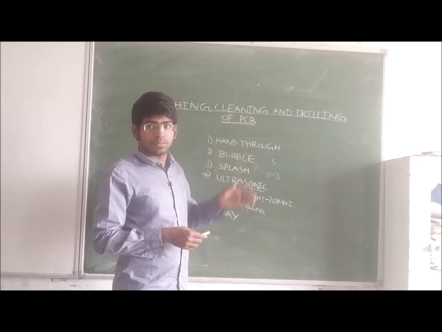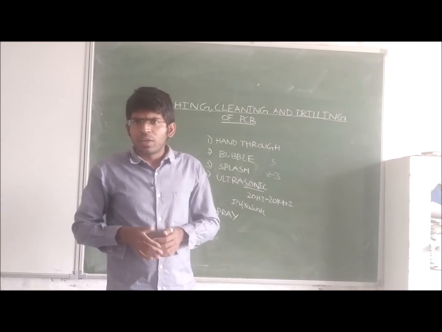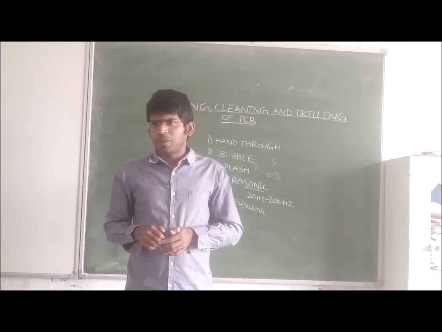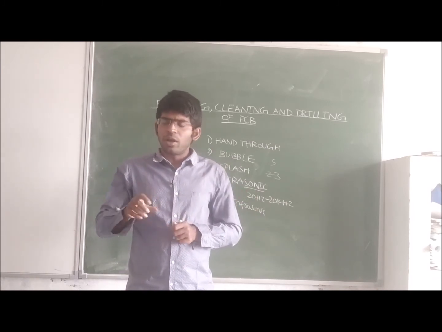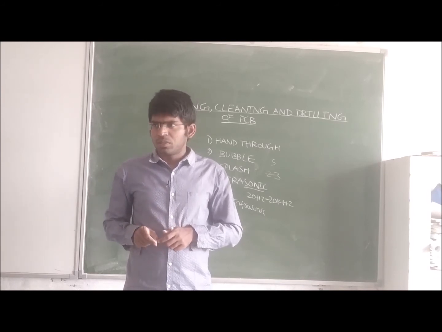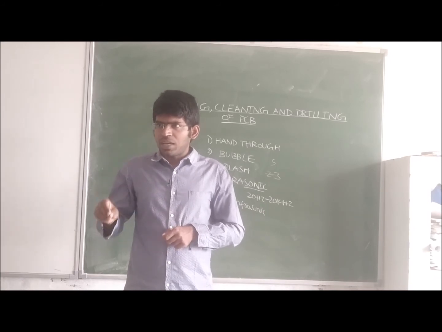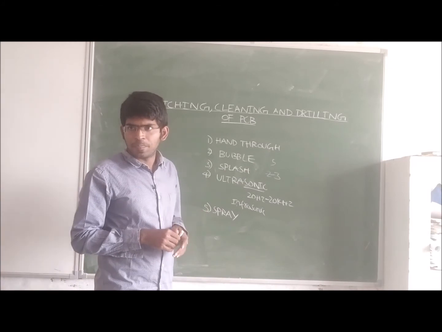Next one, cleaning. Now, after removing the unwanted copper, we cannot directly take that PCB into our hands because this is contaminated with the ferric chloride. Now, we have to wash that. Simple water wash is not sufficient. We take a 5% oxalic acid solution to clean this PCB.